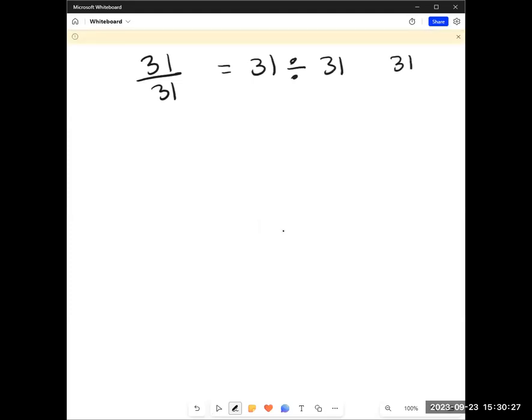So 31 times 0 is 0. 31 times 1 is 31, and there's our answer. So we have properties that say 0 divided by any non-zero number is 0, and any non-zero number divided by itself is going to be 1. Those are special properties that we have.